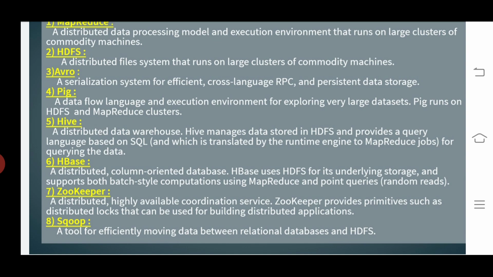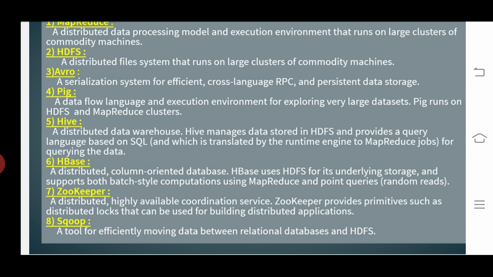What I mean to say is HBase is a distributed, column-oriented database that uses the Hadoop file system for its underlying storage, and it supports both batch-style computation using MapReduce and point queries like random reads.